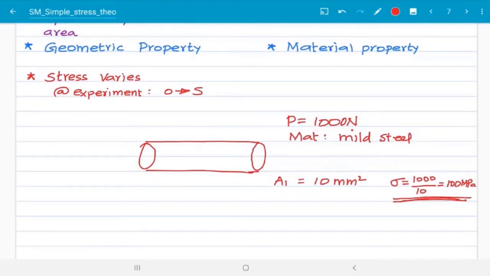Quick answer. When will the component fail? Anyone, you can unmute and tell me the answer. When the stress... Very good.